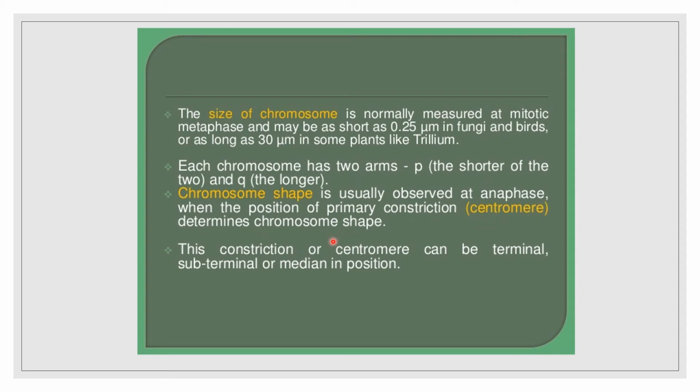This constriction of the centromere is also called the primary constriction. It can be terminal, subterminal, or in the middle of the two chromatids, that is, median in position.